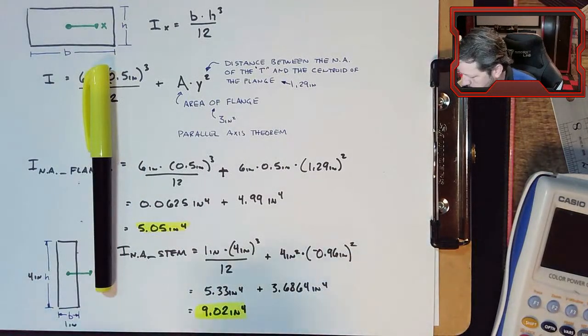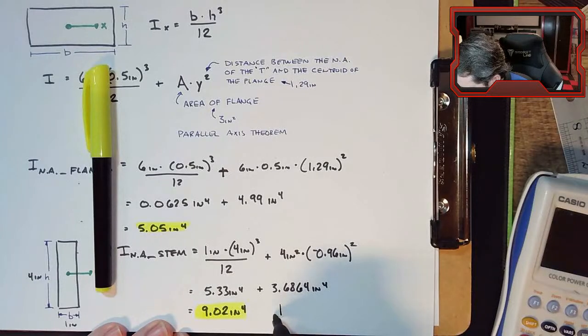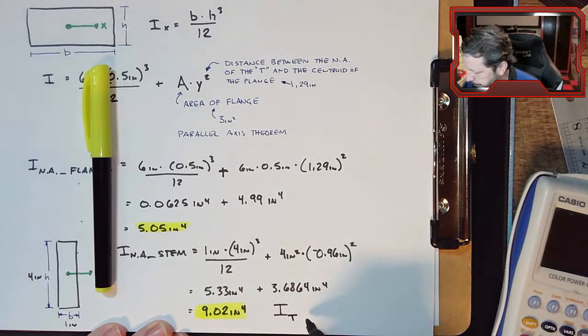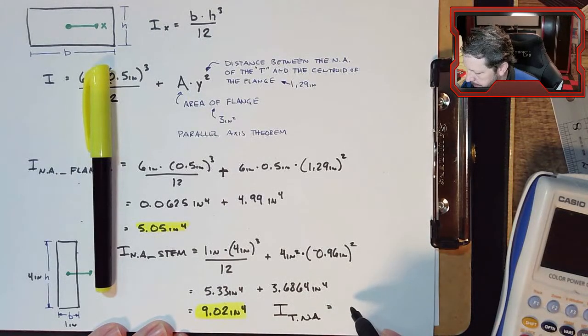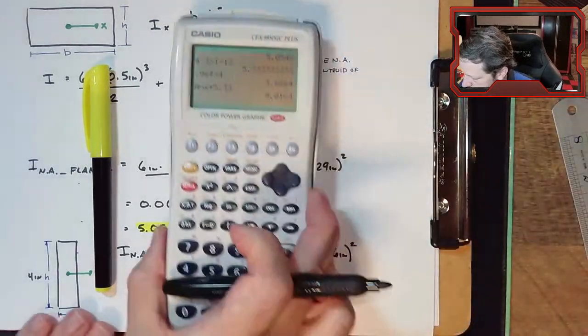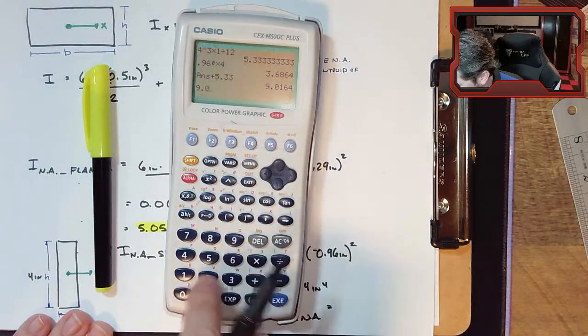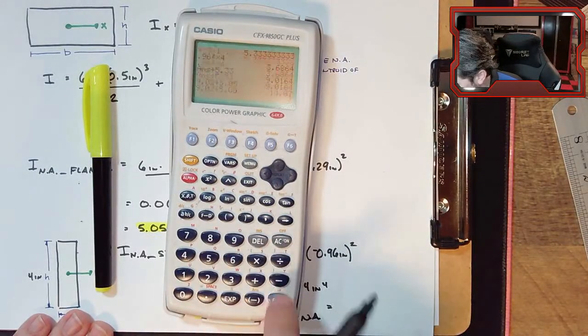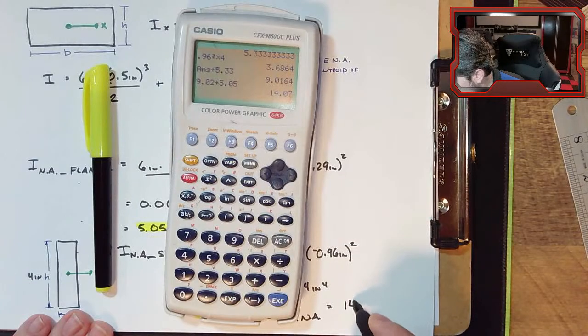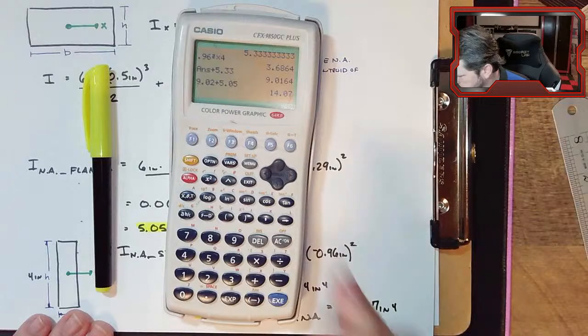The moment of inertia for the T about its own neutral axis is 5.05 plus 9.02, 14.07 inches to the fourth.